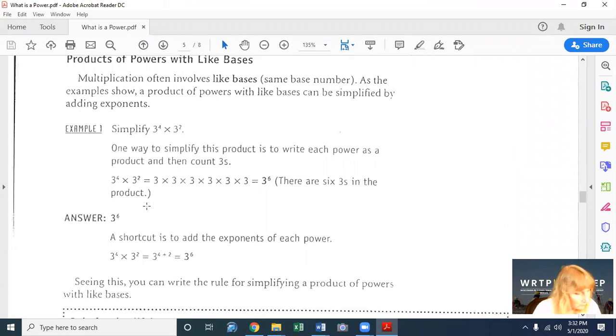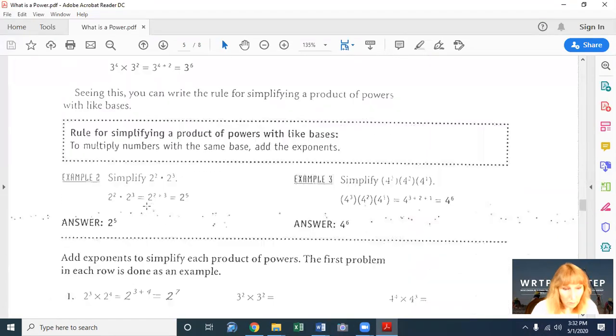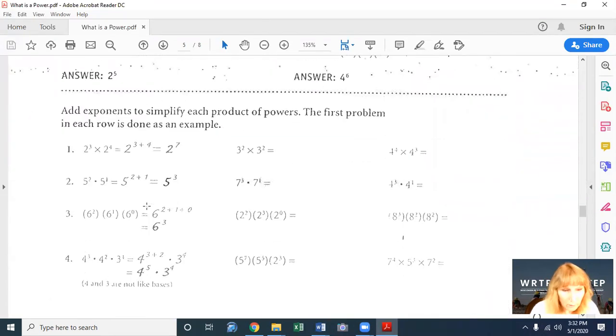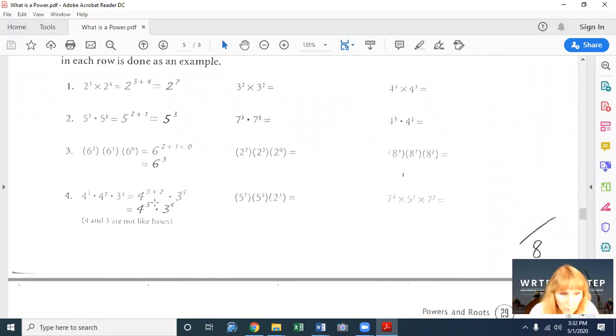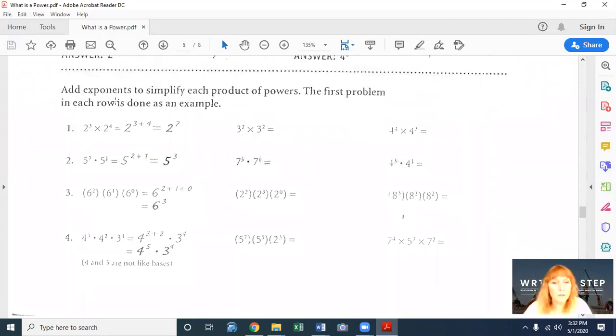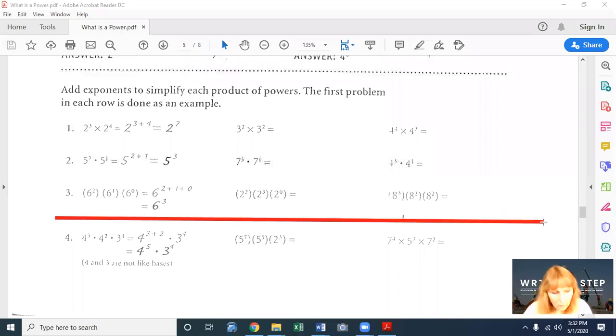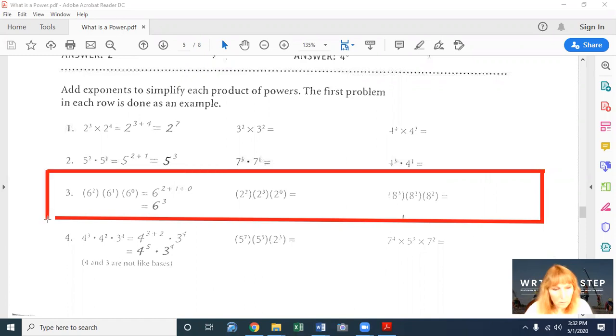Yes, okay. All right, keep going. This explains all the stuff I just explained. Okay. Here we are. So let's do row 3. Row 3 here. Right there, and there, and there, and there.